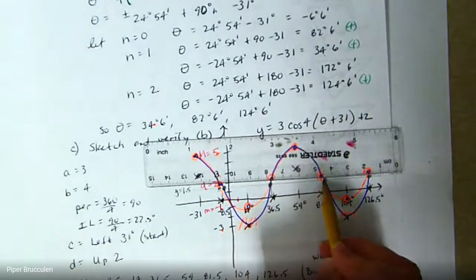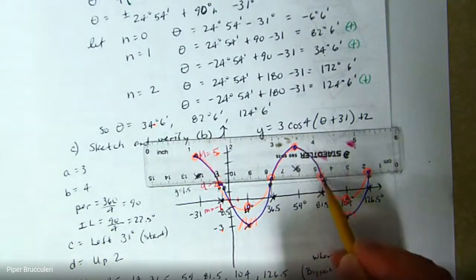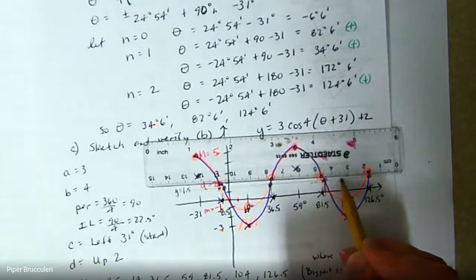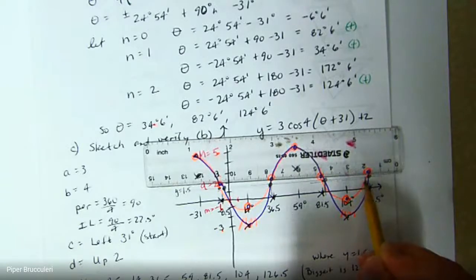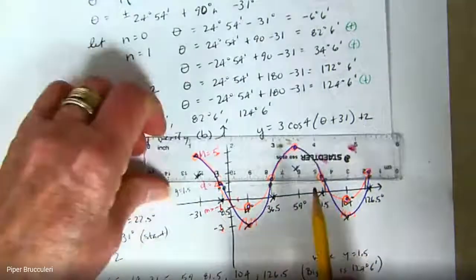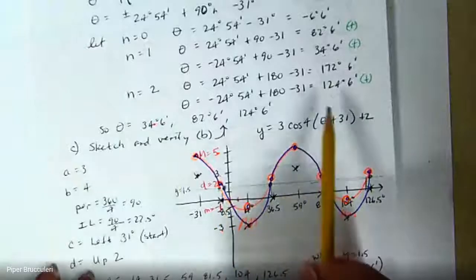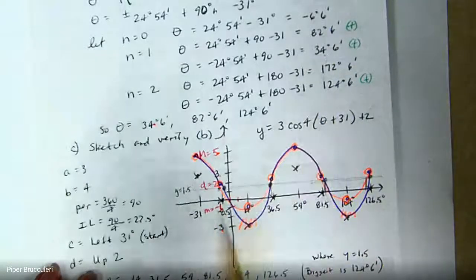And then continuing over here, that intersection of the horizontal line with the wave reading down, that must be my 82 degrees right here. And then continuing over, intersection of 1.5 with the graph and reading down, that's about 124. So you can see that those intersections did create the values we found algebraically on the graph.